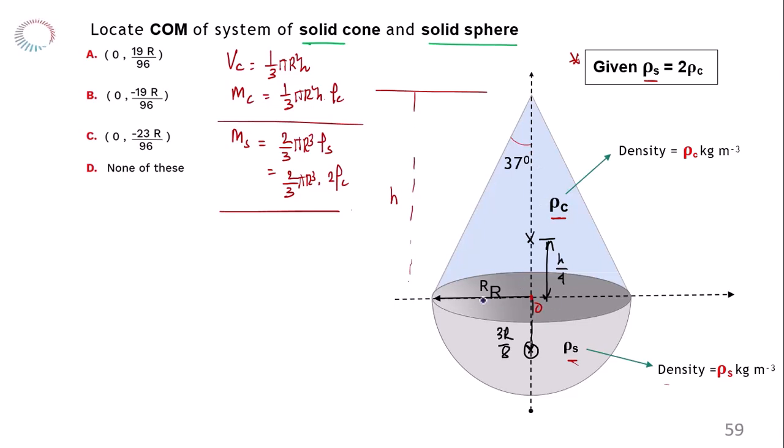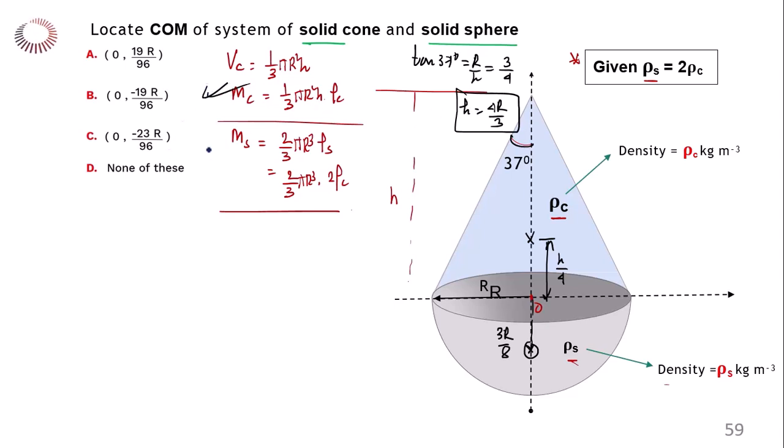There is a relation between h and r because the angle is given as 37 degrees. So use that relation. That means tan 37 is equal to r by h. And tan 37 means 3 by 4. So h is equal to 4r by 3. Now put it over here in mc.